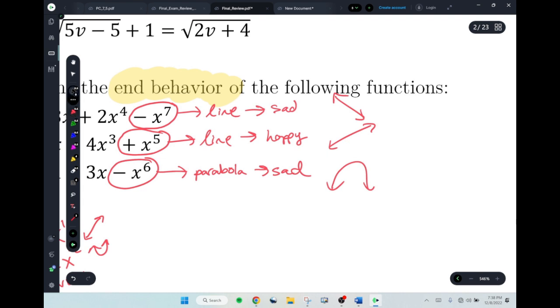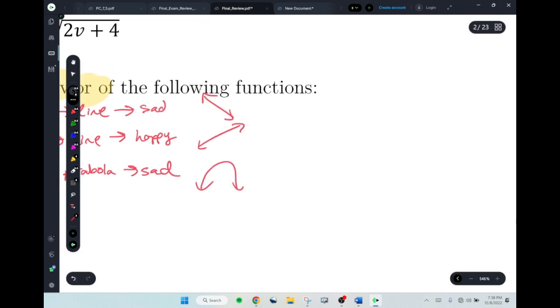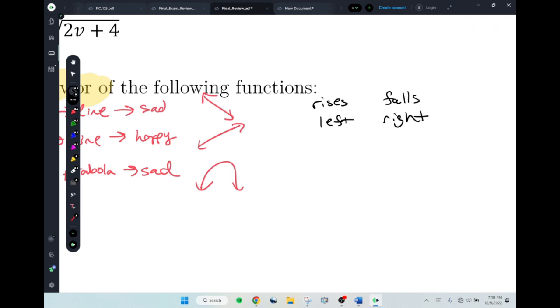Now, here's the trick of the multiple choice. They assign words to this. There are 4 things that it can say: rises, falls, left, and right. So what would we say about this one? We would say it rises on the left and falls on the right.